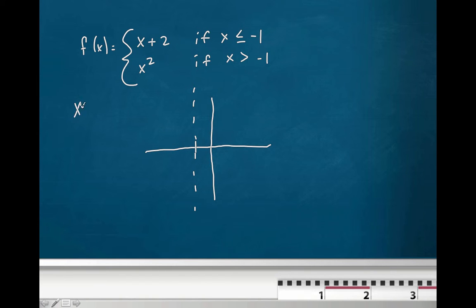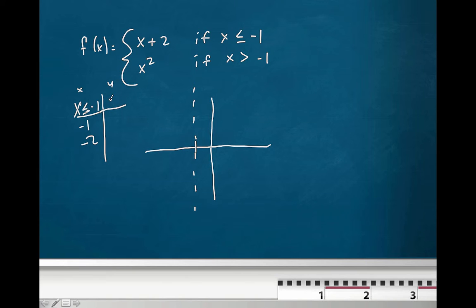Over here, x is less than or equal to negative 1. And if we were to make a little t-chart here, where we would normally put x and y, we'll put here that x is less than or equal to negative 1 to remind us that the only x values we're going to put in this column will be things that are less than or equal to negative 1, like negative 1 and negative 2.